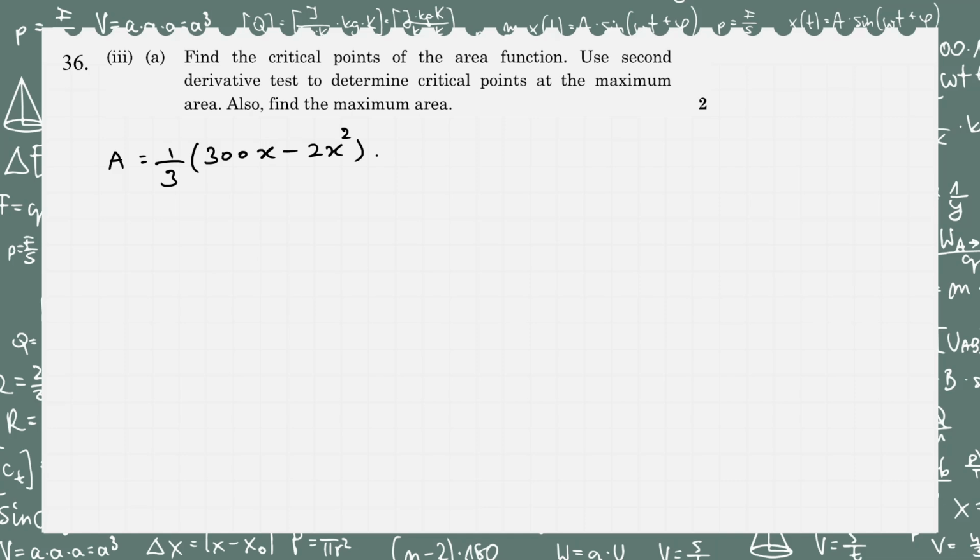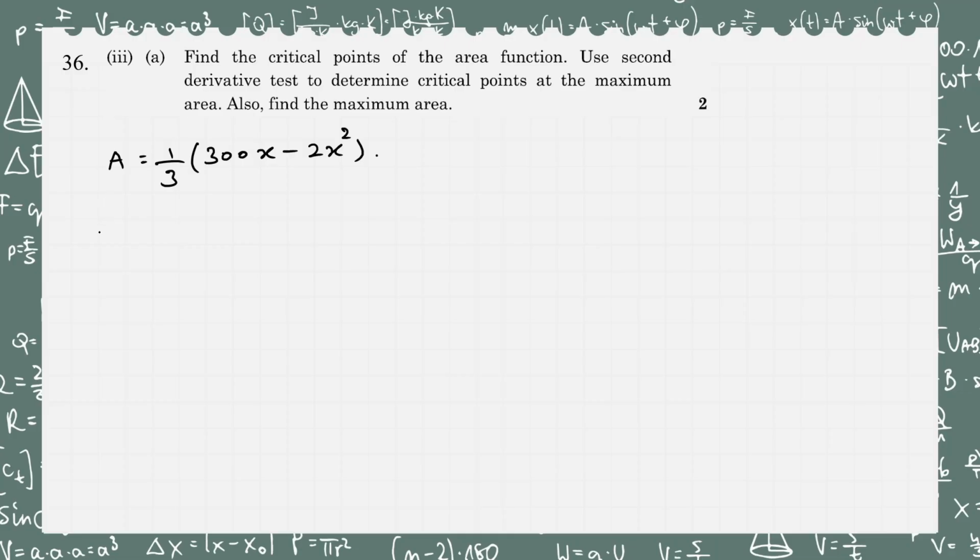We find the first derivative and second derivative, and we find the critical points using the first derivative, setting it equal to 0. Whatever points we obtain, we put them in the second derivative and check whether it is greater than 0 or less than 0. If the second derivative is greater than 0, then the critical point will be a minimum point. If it is less than 0, then the critical point will be a maximum point. Correct? So that's what we are going to do here.